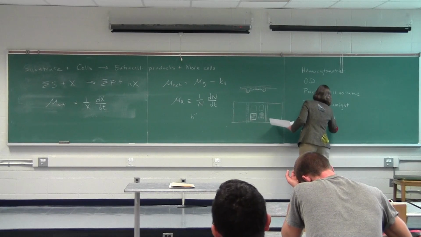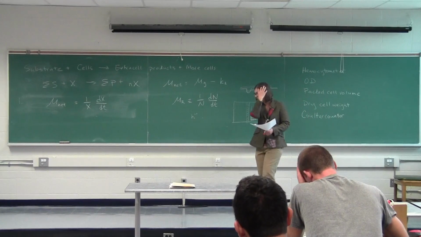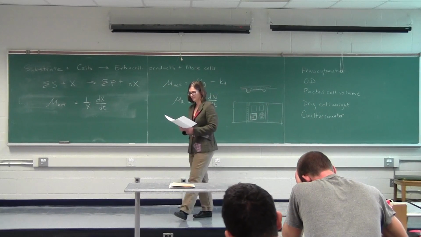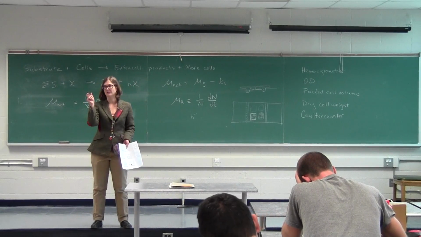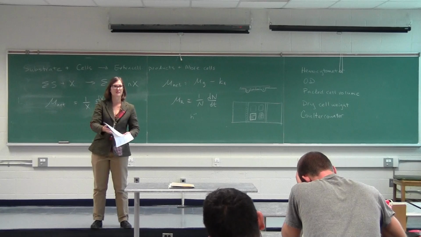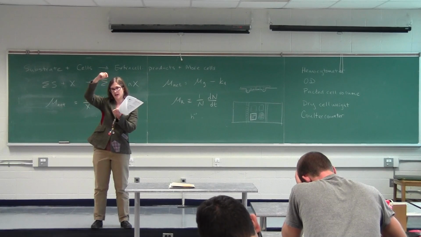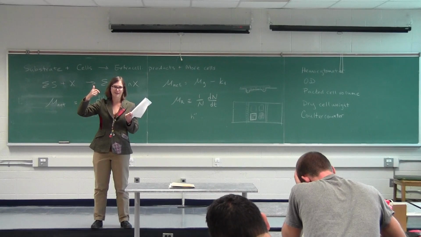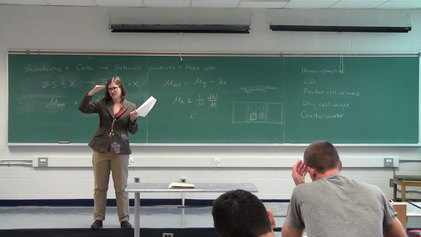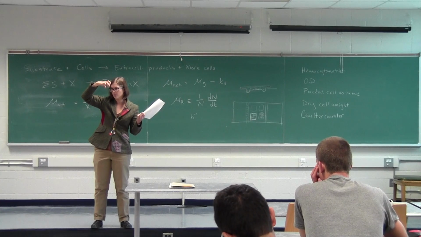Coulter counter. You'll also come across it in 4LL3. It's an automated cell counter again. It's based on electrical impedance, so it takes the cells just the same way as a flow cytometer does. It takes the cells through a narrow capillary that only permits one cell at a time to go through, has a defined flow rate, unlike a flow cytometer, and checks the electrical impedance as anything passes a certain point.